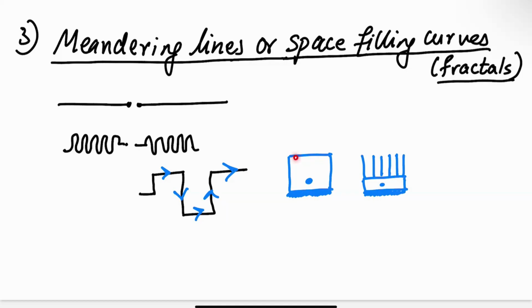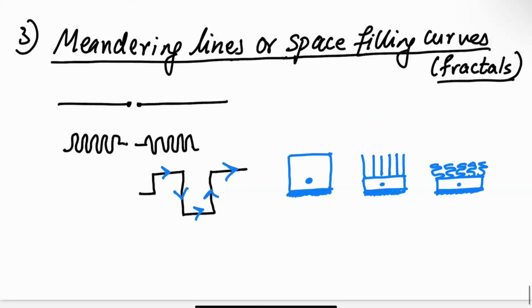Because the polarization is this way, currents are flowing like this, I can break up that patch into just thin lines that support the same current. And then I can meander those lines. And so that's an example as well.